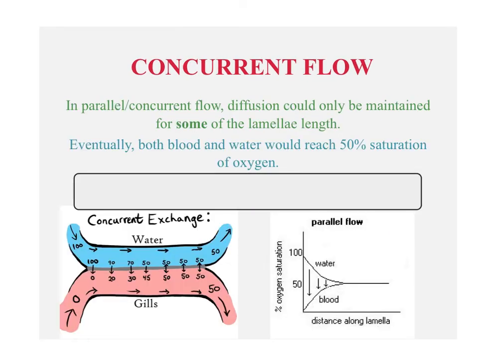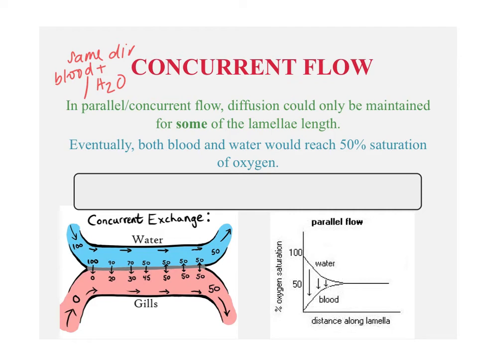So the first thing you should have recognised is that concurrent or parallel flow means that the water and blood flowing through the gills flow in the same direction. Now down the length of the gills, as you can see in this left-hand diagram, diffusion only happens until equilibrium is reached.